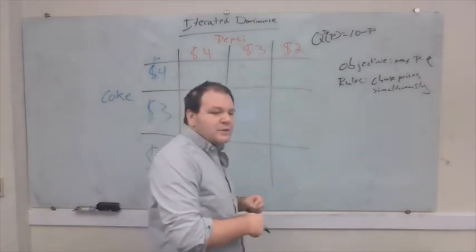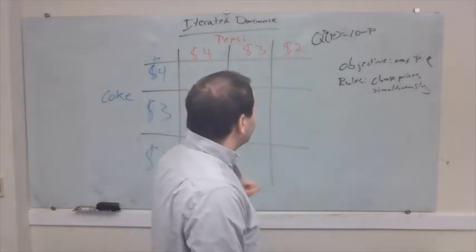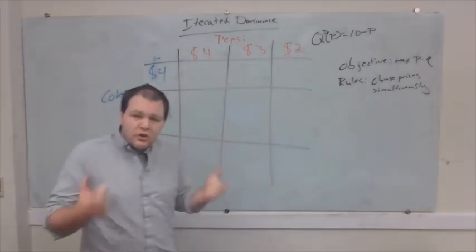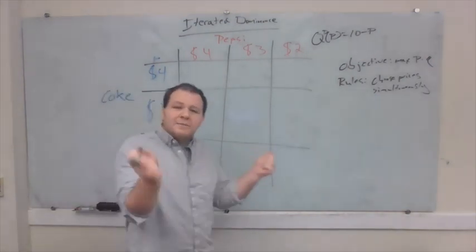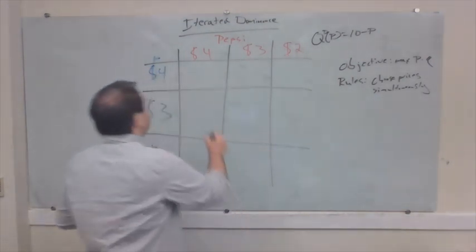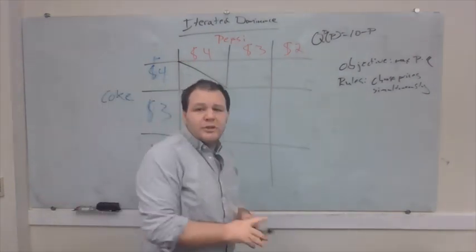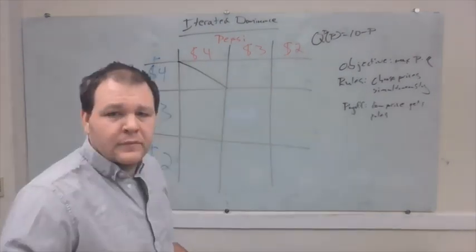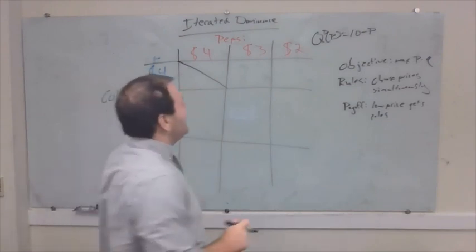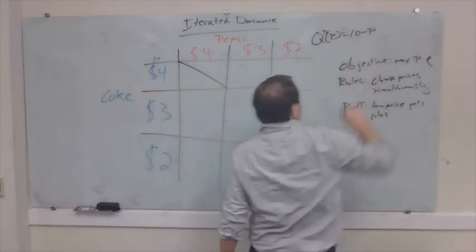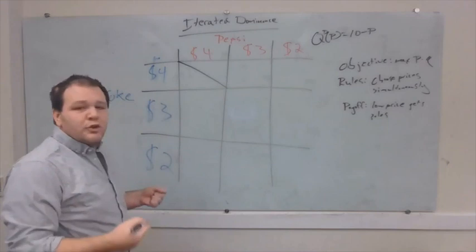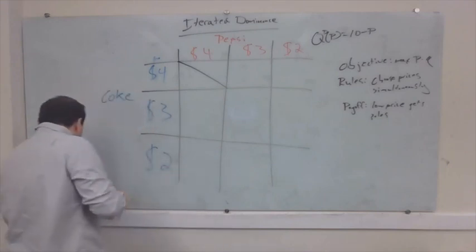Whoever is charging the lowest price is going to get all of the customers, but if the two companies charge the same price, they'll split the customers in half. So if they're both charging $4, the total demand is 10 minus 4, which is 6. Each of them will sell 3 cans of soda.